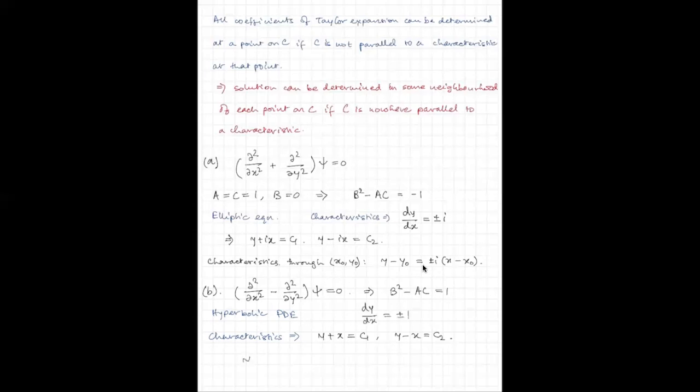So this is y minus y naught is equal to plus minus (x minus x naught). That's what the characteristic equation at x naught, y naught is equal to.